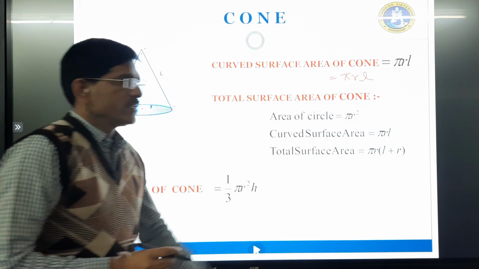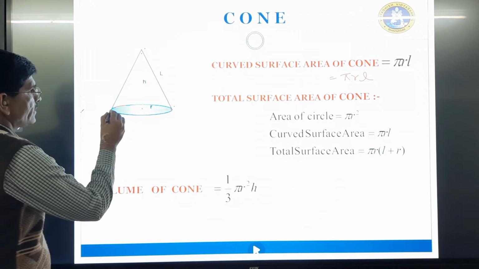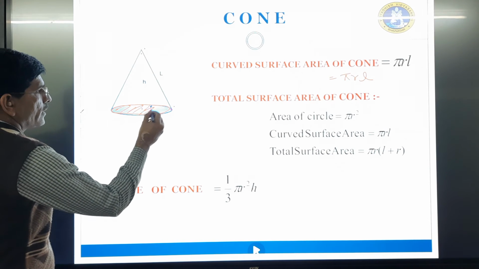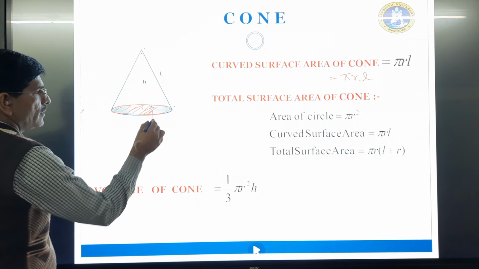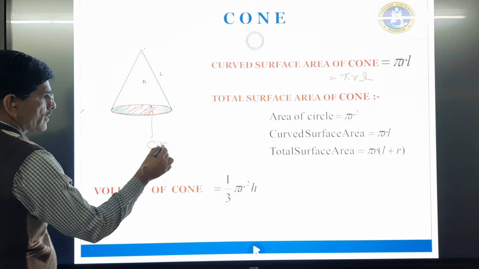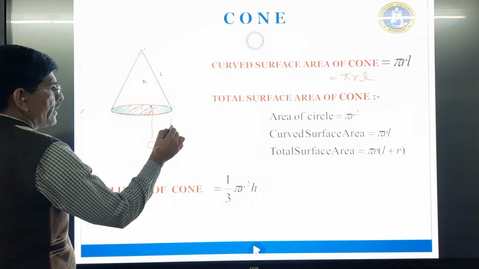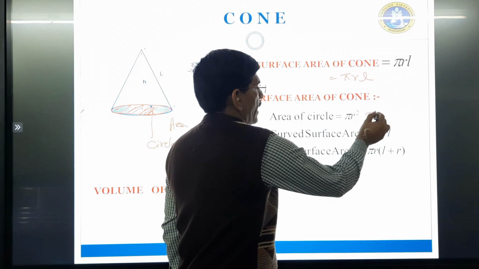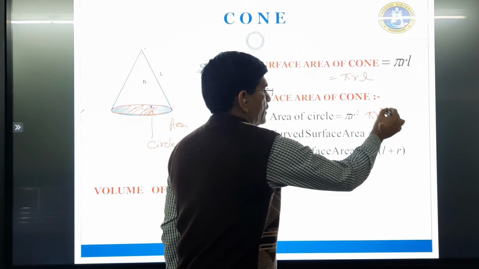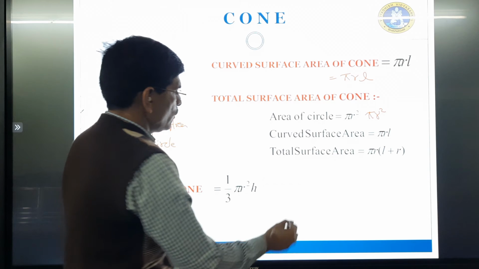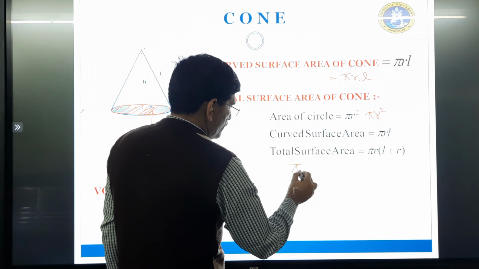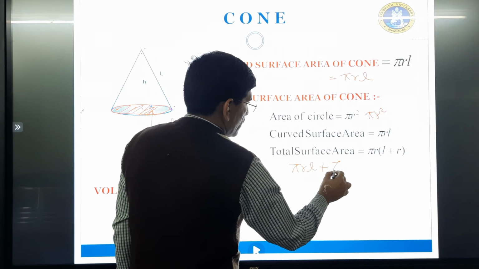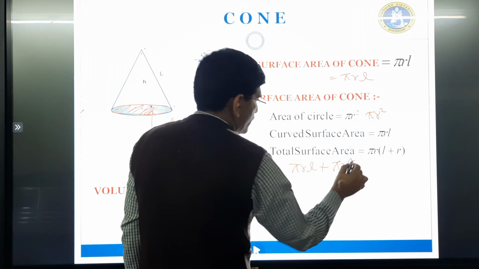Now the total surface area of a cone. Its base is here. The base is a circle, so the area is pi r square. So what I have to write: pi r L plus pi r square.